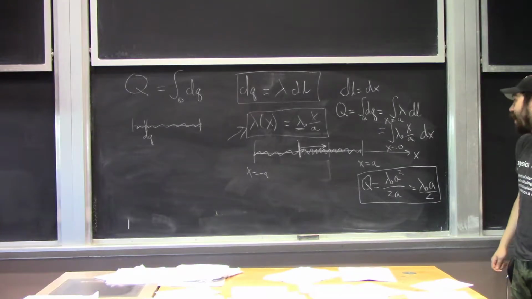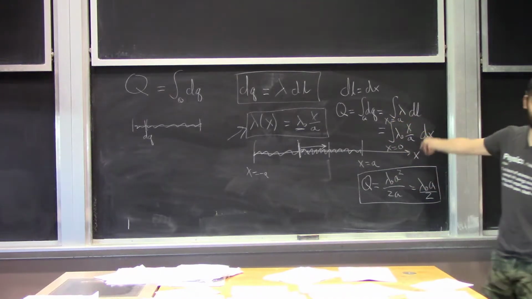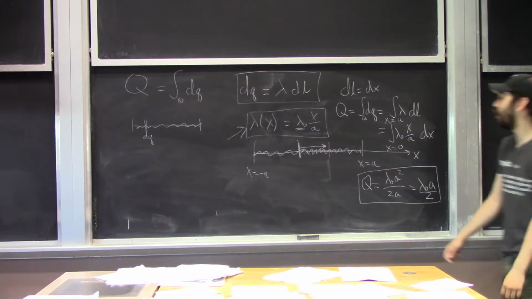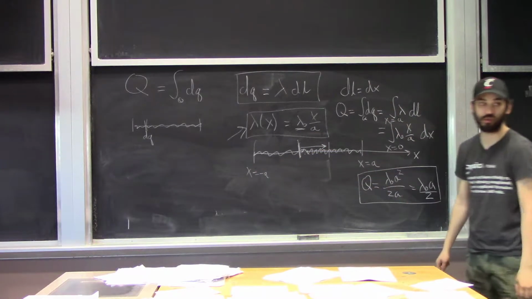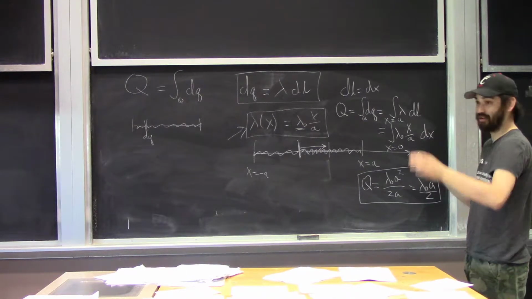And the interesting thing you would see, if I spread this charge density lambda 0 x over a from minus a to a, what should the total charge be? 0. Why? There's a couple of ways to say that. It's going to cancel out.